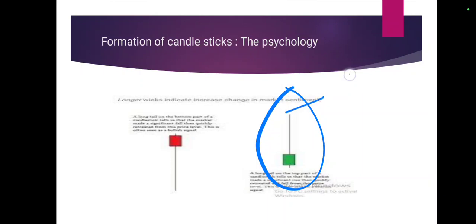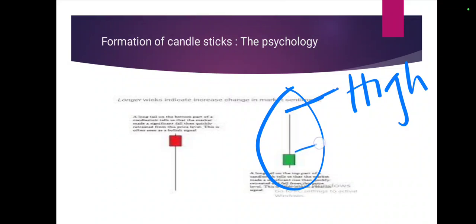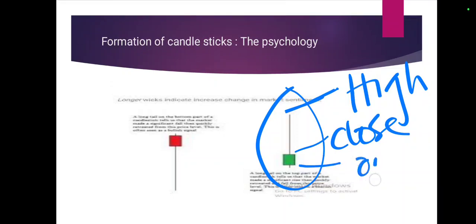This is the high of the candle. So this candle went up as high as this, but came back and closed below here. This is the close, the beginning here is the open, and the small wick here, the small tail, is the low.